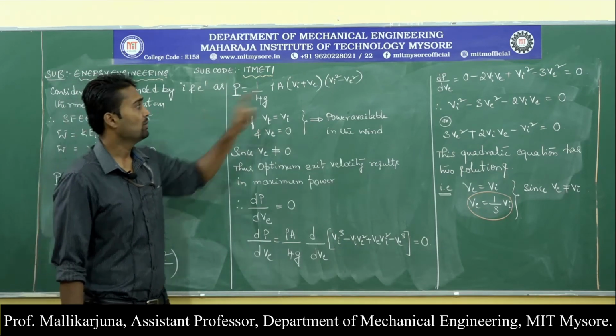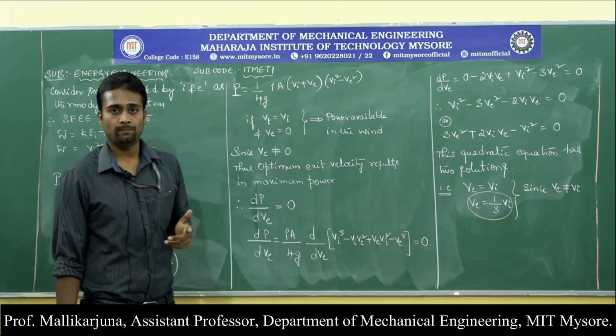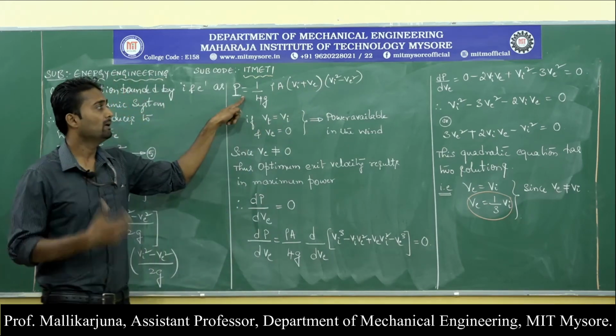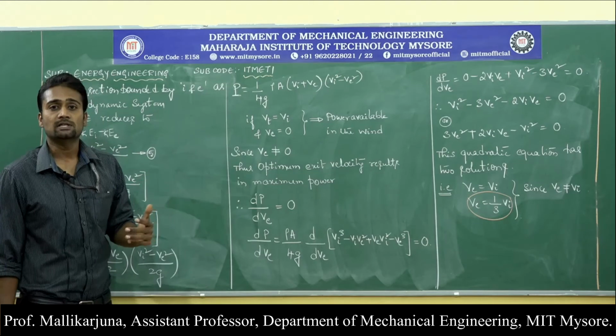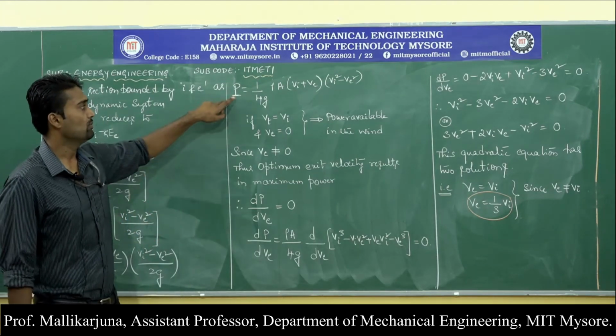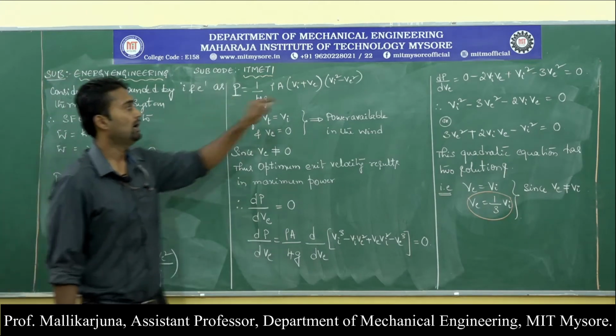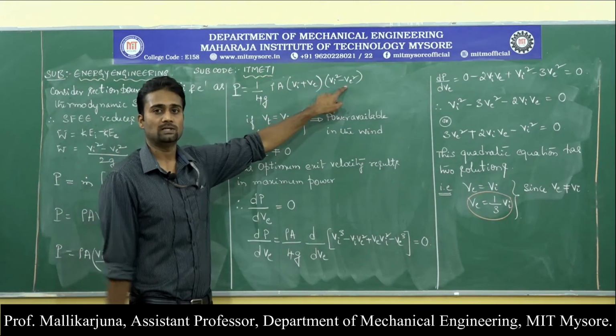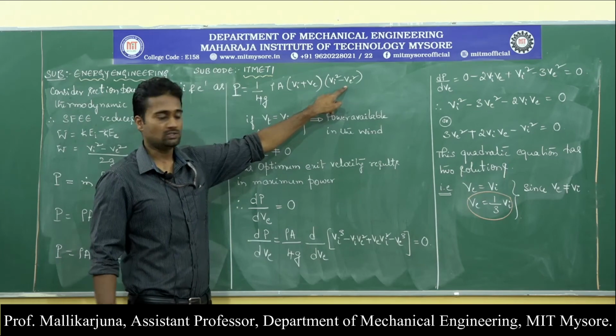So Ve plays a huge role. The optimum Ve is going to give us the maximum power output from the turbine. So if you want maximum power output, we need to have the optimum wind exit velocity.